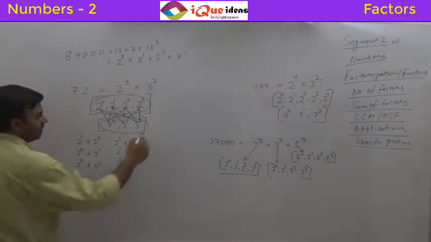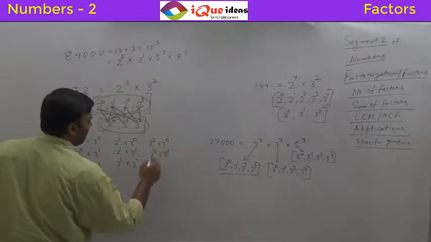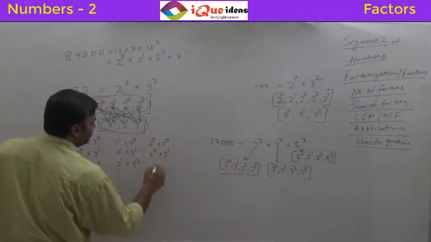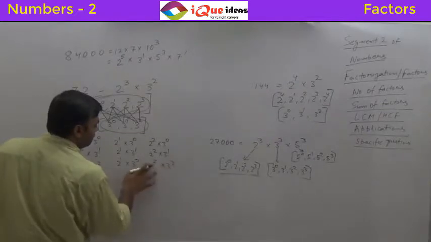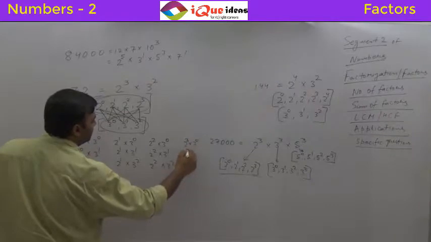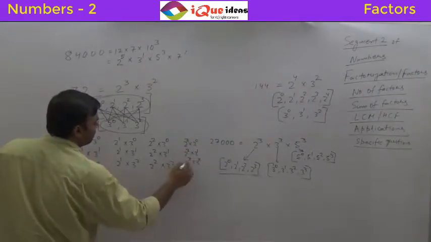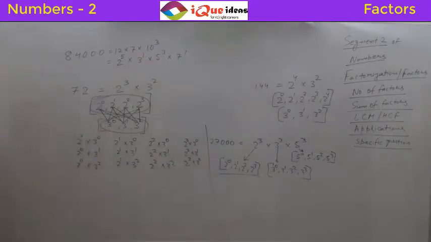3 squared. Then 2 raised to 2 into 3 raised to 0, 2 raised to 2 into 3 raised to 1, 2 raised to 2 into 3 raised to 2. Then 2 raised to 3 into 3 raised to 0, 2 raised to 3 into 3 raised to 1, 2 raised to 3 into 3 raised to 2. So these are all possible factors.